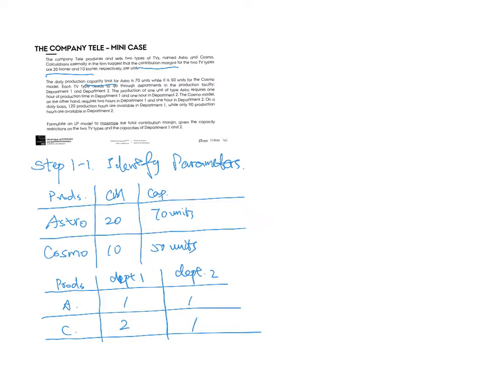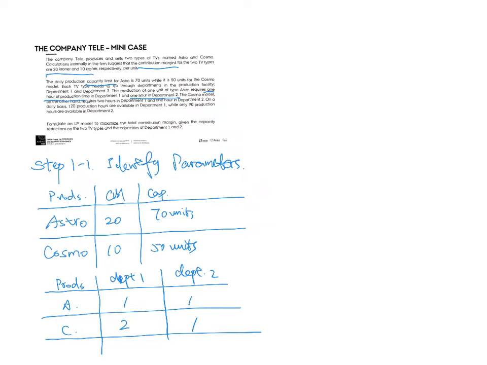Furthermore, we have the information for the production time limit for the two production units, department 1 and department 2.